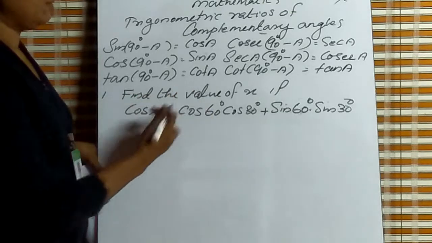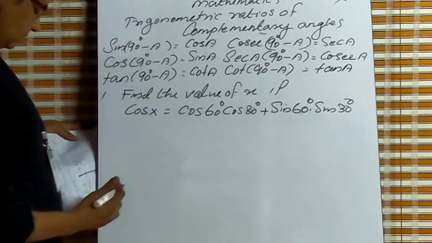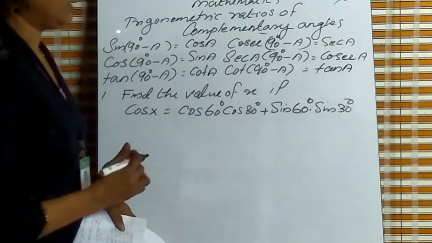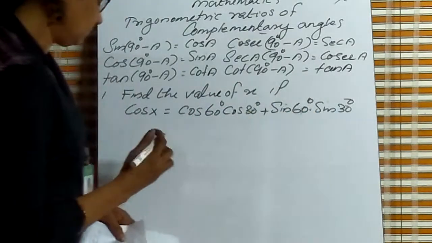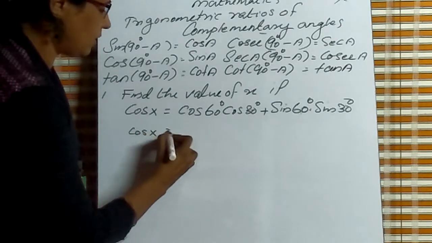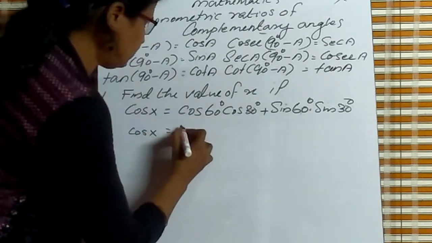First question: find the value of x if cos x is equal to cos 60° cos 30° plus sin 60° sin 30°. Cos x is equal to, put the values. What is the value of cos 60?